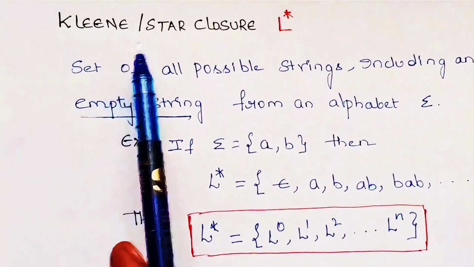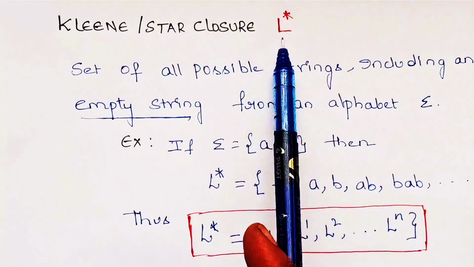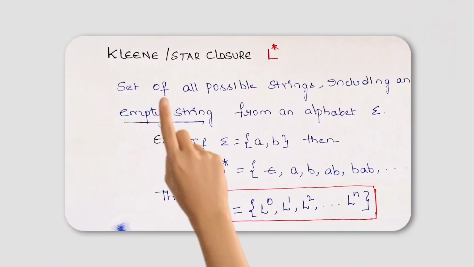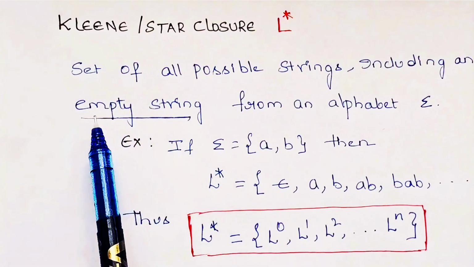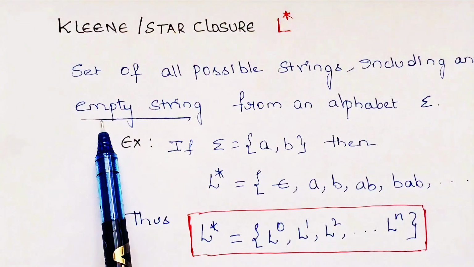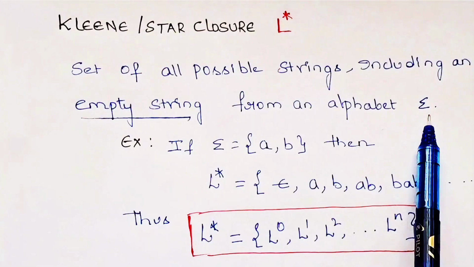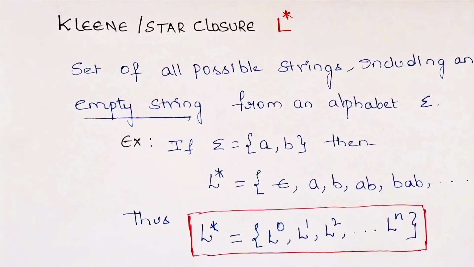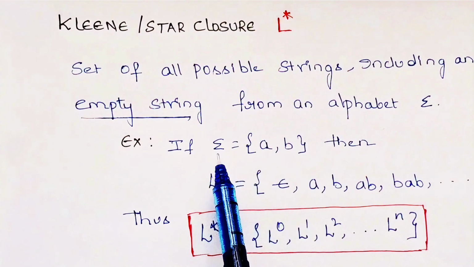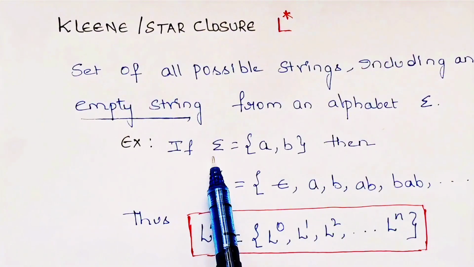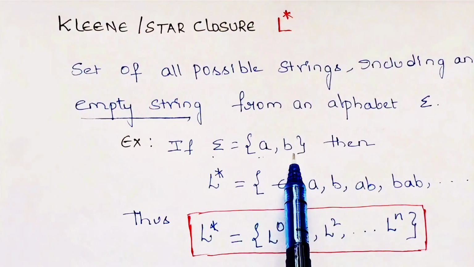Kleene closure or star closure of a language is denoted by L star. It is defined as the set of all possible strings, including the empty string, from an input alphabet sigma. Now let us consider the following example. Here we consider the input alphabet as the two symbols a, b.